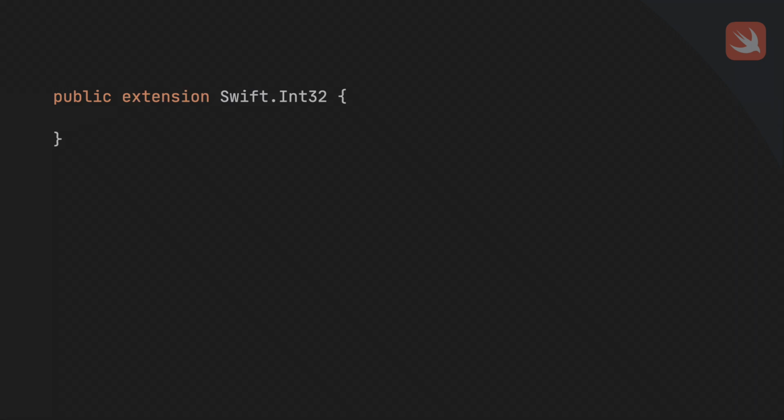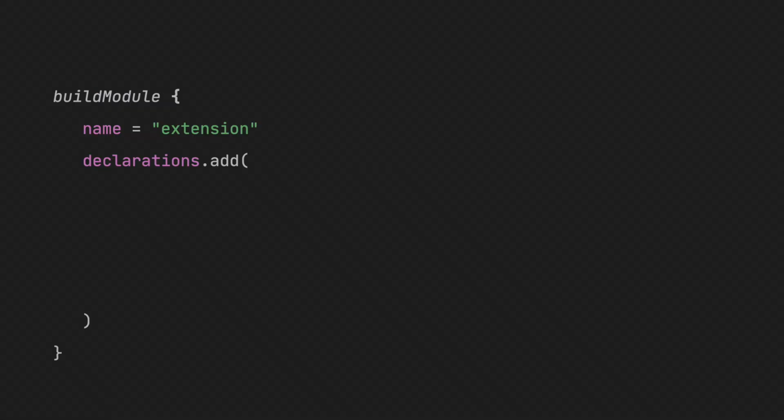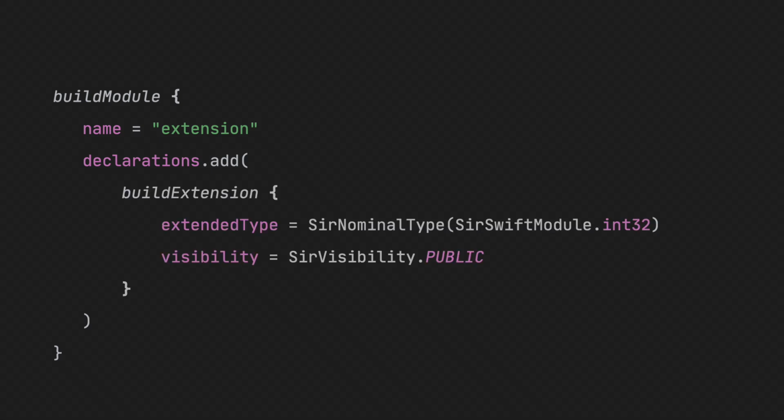Now let's look at a little bit more of a complex example. Swift also has extensions. How do we represent an extension like this for a type in Int32? So this is Swift code. How do we represent the IR for it? If you were to build out the IR, first we're going to start off with our module, just as we always do. We're going to add in a declaration, and there's a build extension DSL, which is provided to us. What it allows us to specify is our extension type.